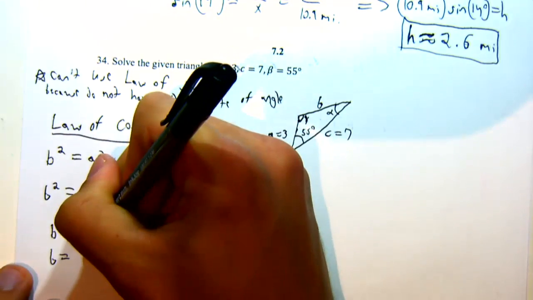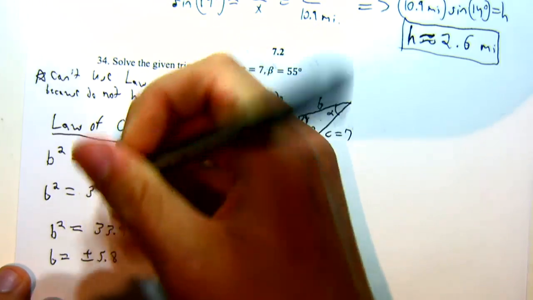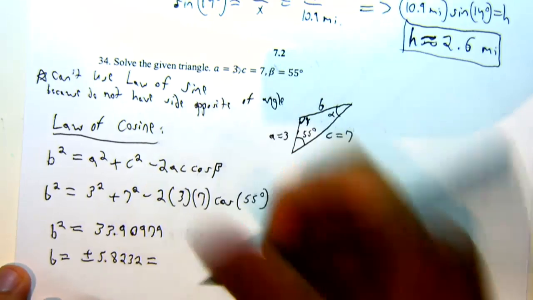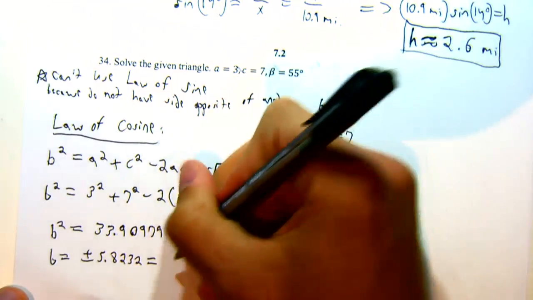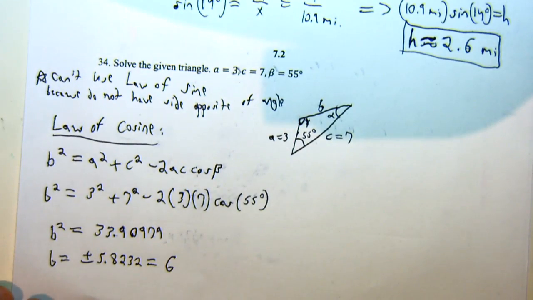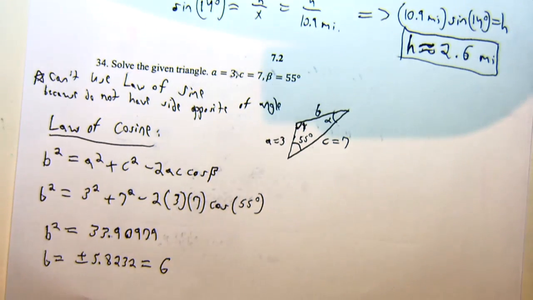So b is equal to plus or minus 5.8232. Except we know it's got to be a positive value since it's going to be a length. So I'll just go ahead and round now, so positive 6, so I don't have to write that all out again. Alright, now that we have b, we can now use law of sines since we have the angle that is opposite of that length.